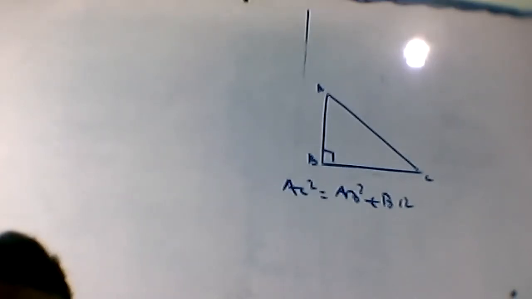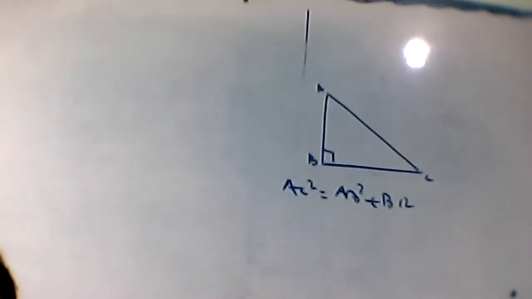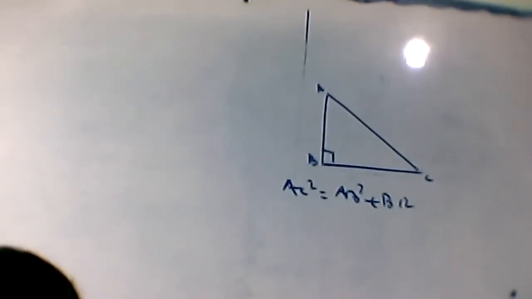In a triangle, if the square of one side is equal to the sum of the squares of the other two sides.